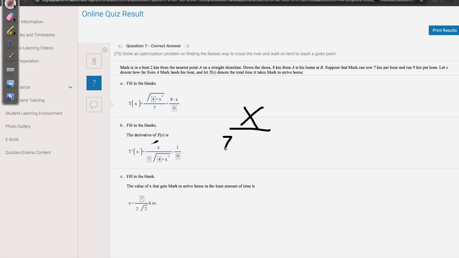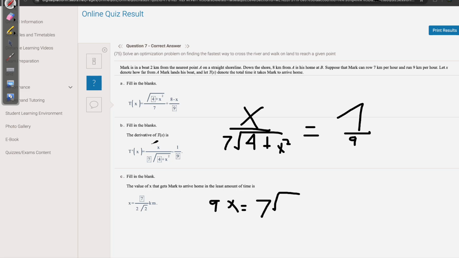So x over 7 radical 4 plus x squared is equal to 1 over 9. So 9x is equal to 7 radical 4 plus x squared.